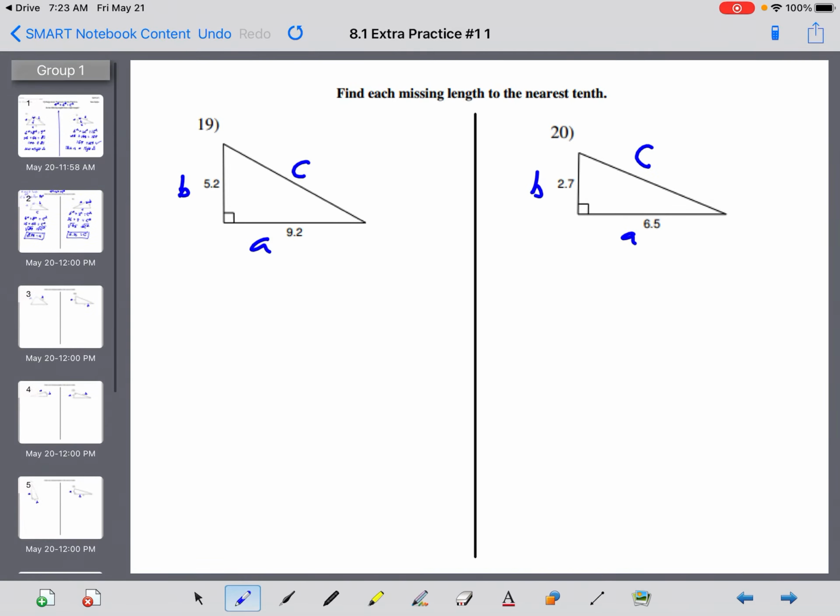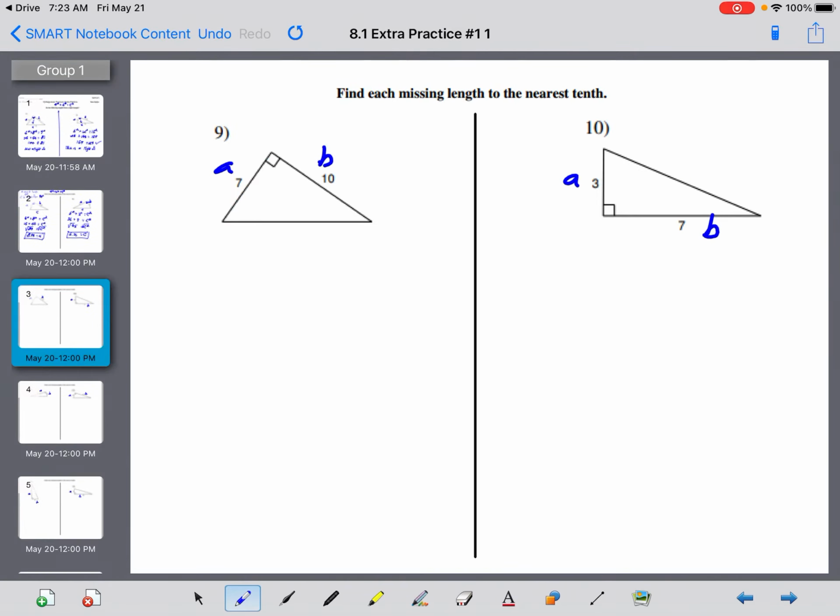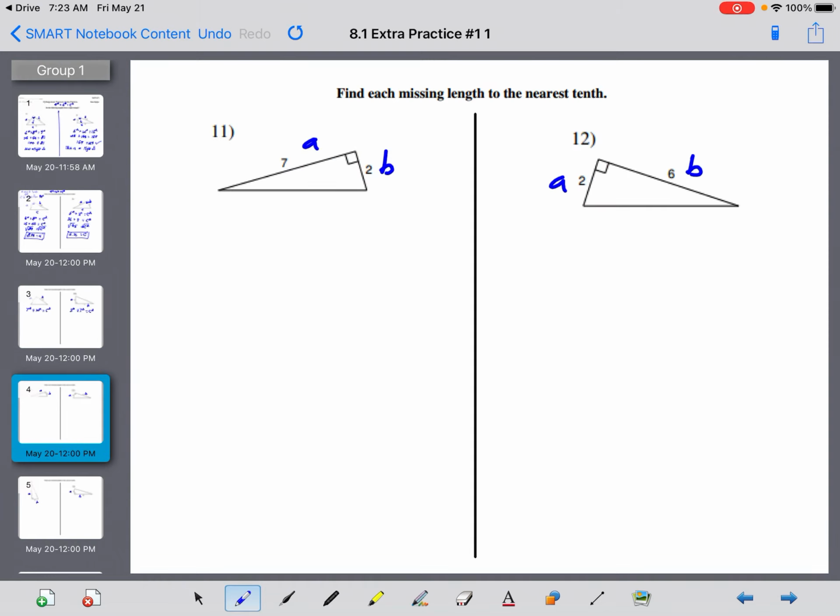Okay, so let me show you a few more examples. I'll let you complete the rest on your own. So here we have A and B, so 7 squared plus 10 squared equals C squared. And in this one, 3 squared plus 7 squared equals C squared. Here we have 2 squared plus 7 squared equals C squared.